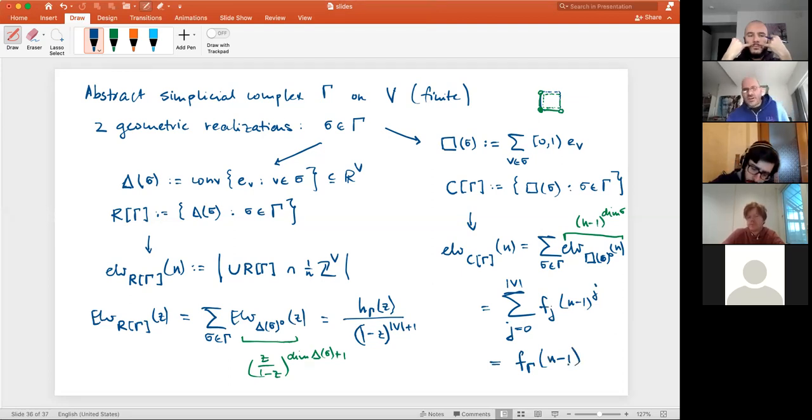It depends a little bit how you define the f polynomial. Some people like to change a power there. But okay. Any questions about this?